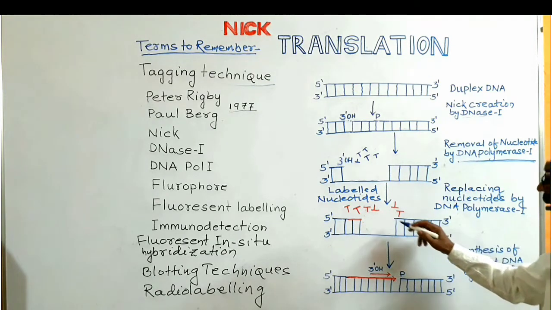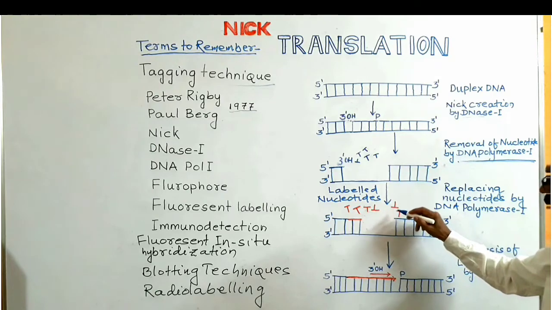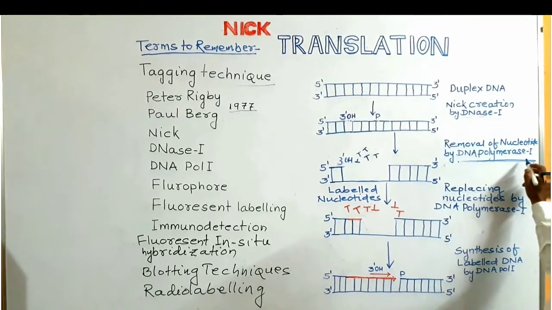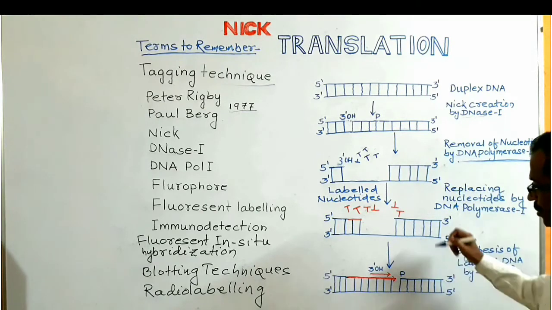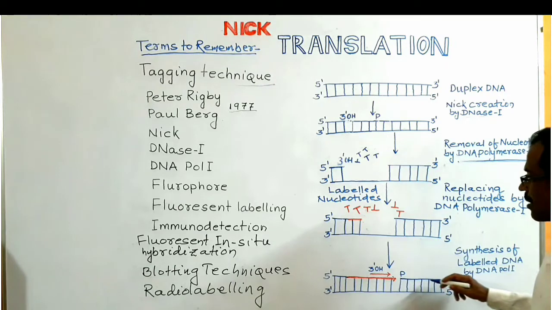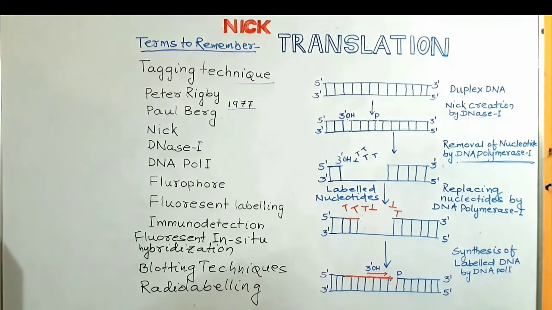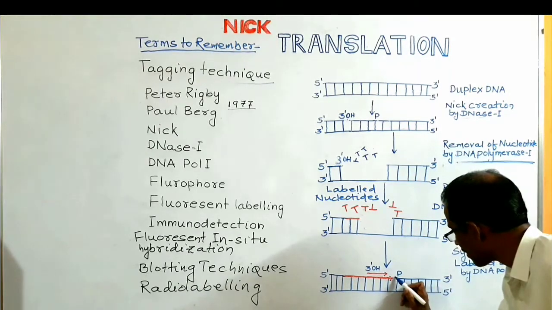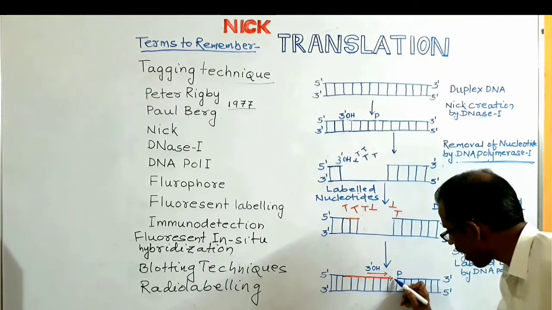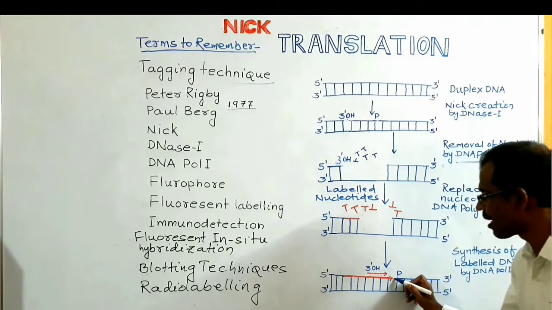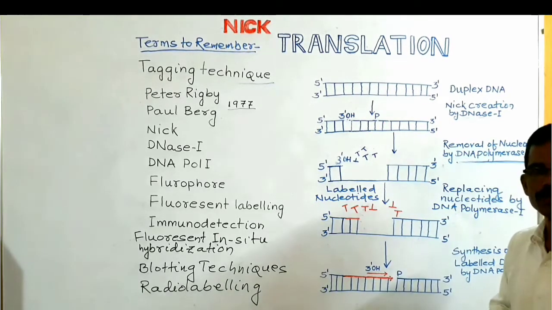By incorporating some of the labeled nucleotides during polymerization, DNA polymerase 1 is able to introduce radioactivity to a double-stranded DNA molecule. So after this, there is a small nick. This small nick, finally, can be sealed by using the enzyme DNA ligase.